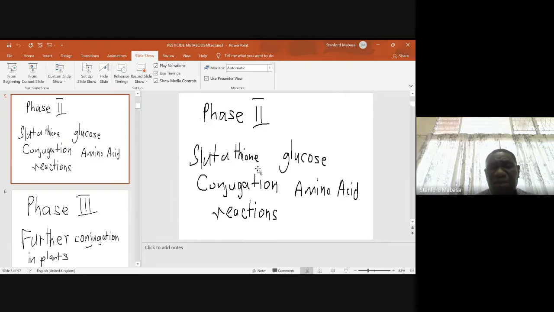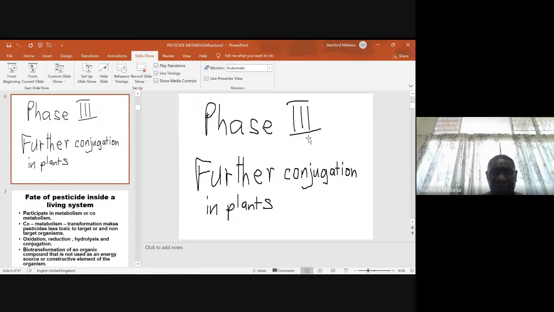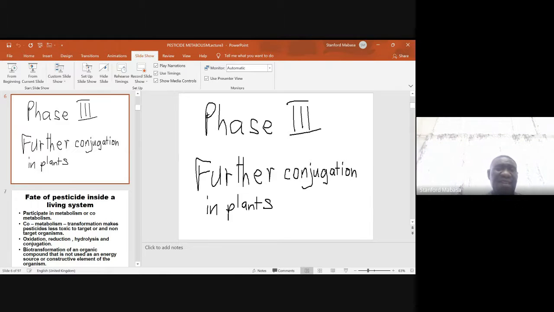We have these conjugation reactions taking place, and also we may have amino acid conjugations. Now in phase 3, we could have further conjugation in plants.